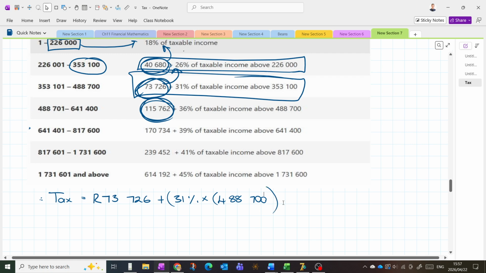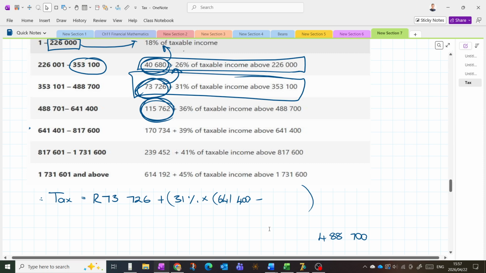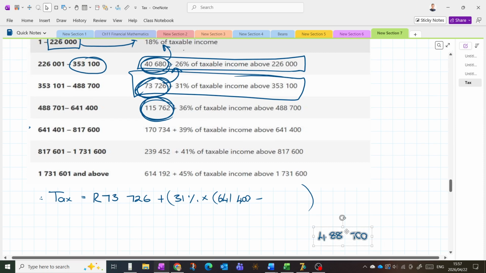Let's just subtract here. Actually, the top end of this, sorry. It's been a long day. So 641,400 minus the 488,700.